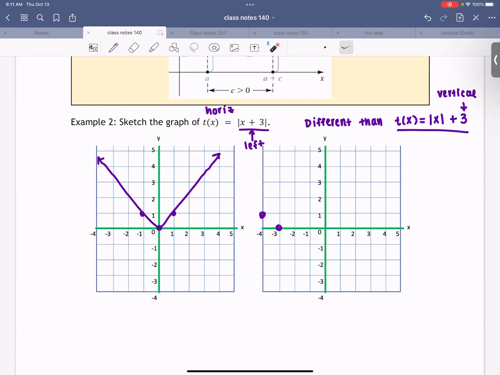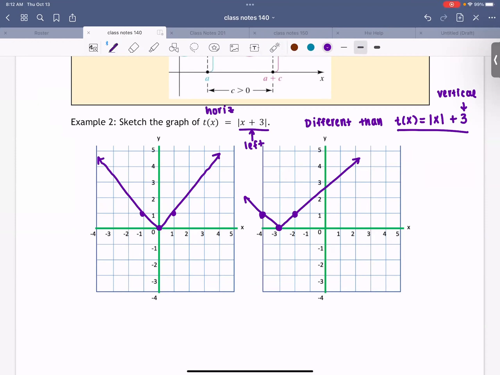I'm going to take my 1, 1 point and shift it 3 points to get negative 2, 1. Okay. Once I have my points labeled, I can create the shape again, and it looks very similar to the last graph, except it's shifted to the left by 3.